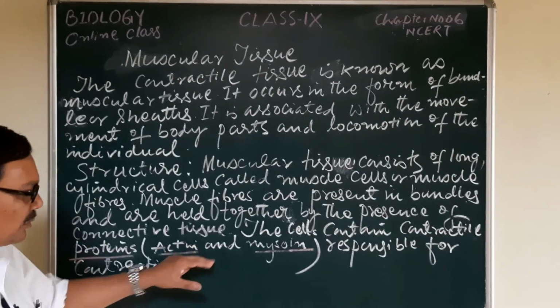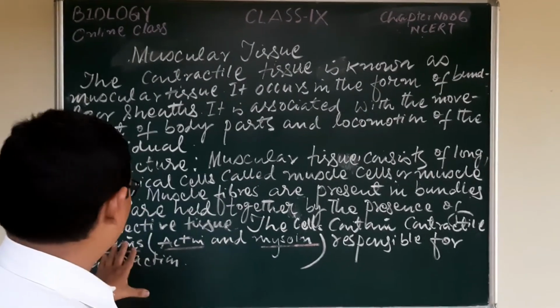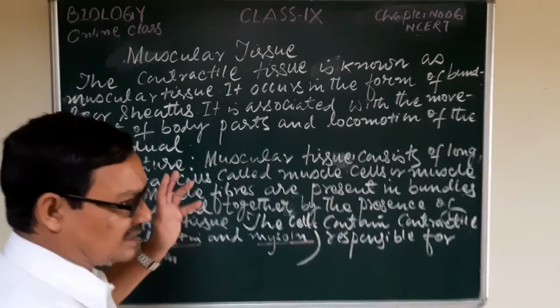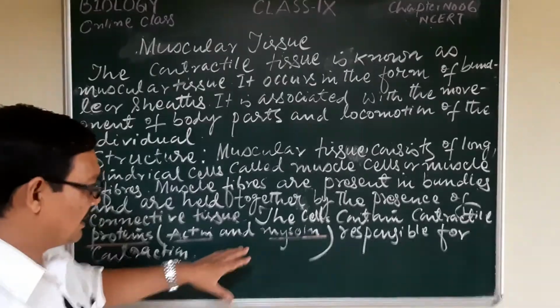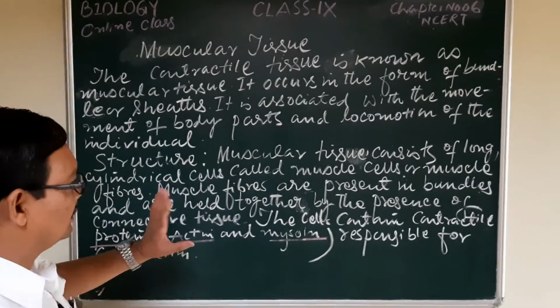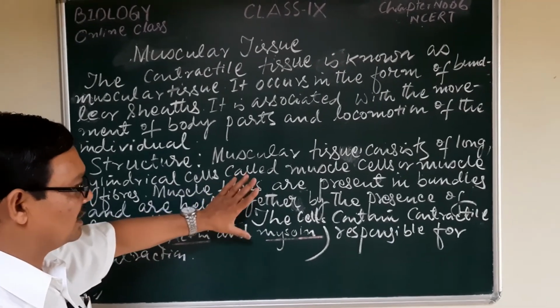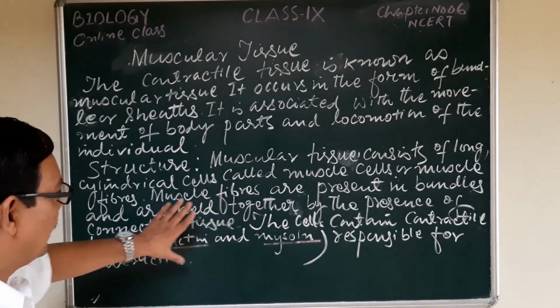These two types of protein are helpful in contraction and expansion and are responsible for contraction. So these are some basic features of the muscular tissue.